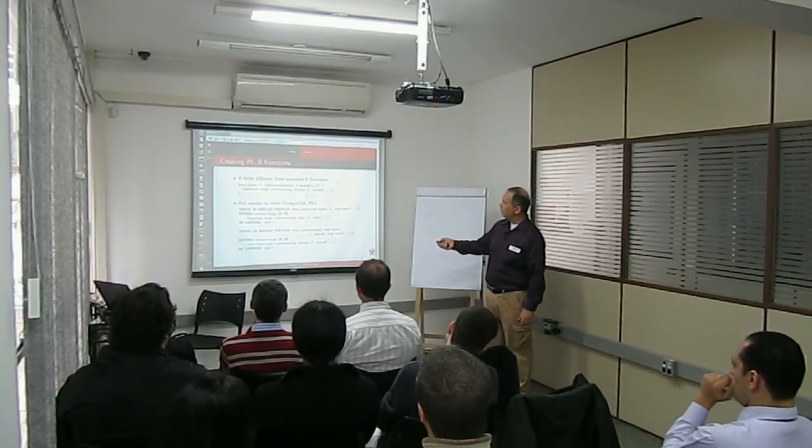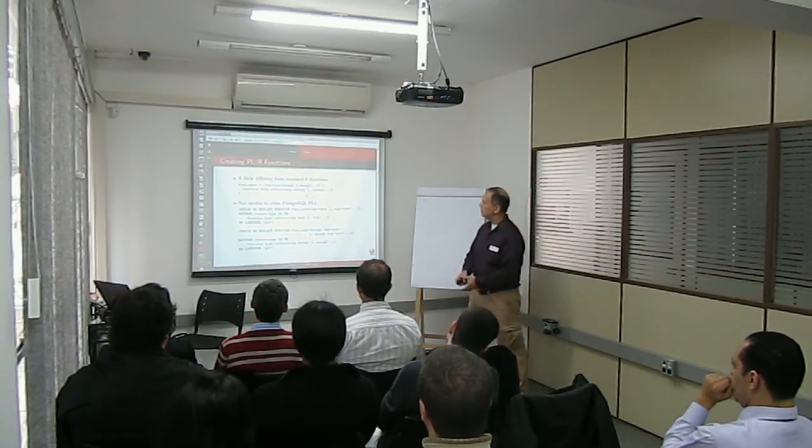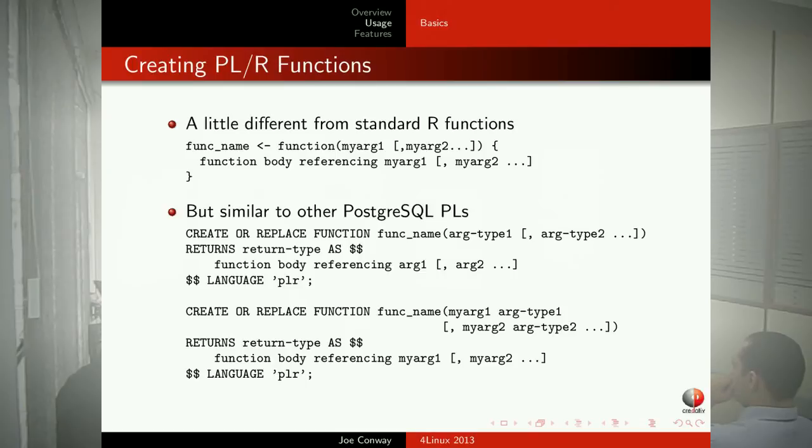So when you create a function in R, this is what it looks like. You give the function a name, and you use the keyword function, and you specify some arguments, and then you have this function body, and the function body would reference these arguments. That's what it looks like in R. In Postgres, this is exactly the same for PLR or for any other function in Postgres.